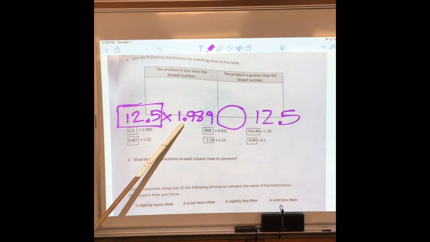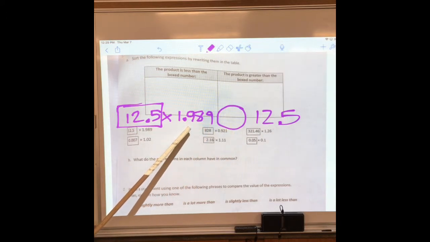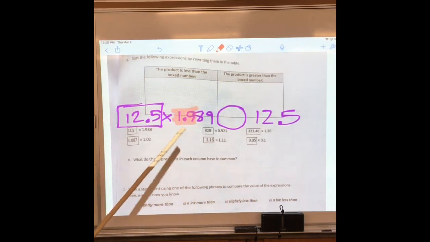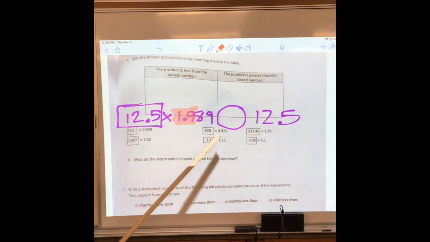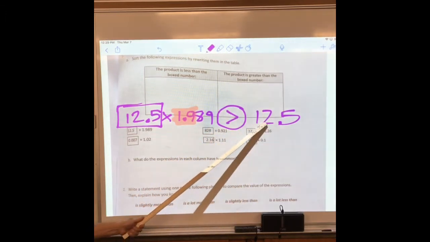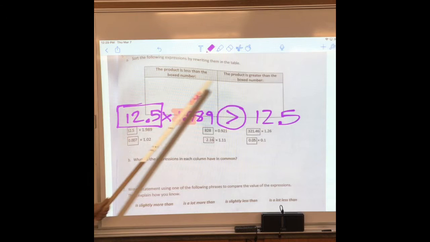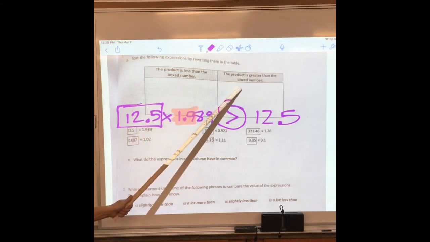Is this going to be greater or less than or equal to? Well, yeah, that's right. You just said this is bigger than 1. You are correct. Since it's bigger than 1, then this is going to be greater than our product, right? So, question, what side does this go on?